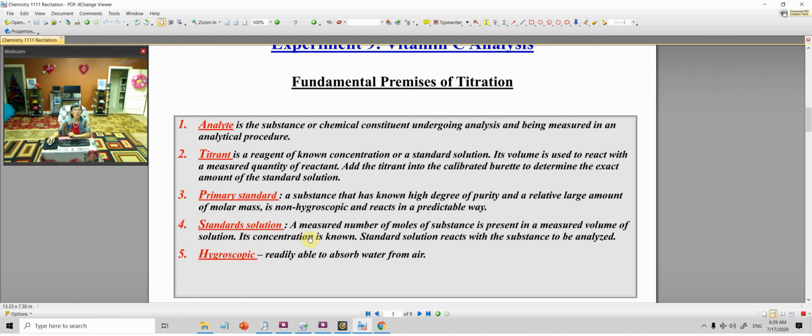The concentration is known. A standard solution usually reacts with the substance, the analyte, to be analyzed. Hygroscopic relates to the absorption of water. Some compounds, if you leave them in the atmosphere, become crystallized, or sometimes stay adhered together. This is due to the absorption of water from the atmosphere. This phenomenon is called hygroscopy.